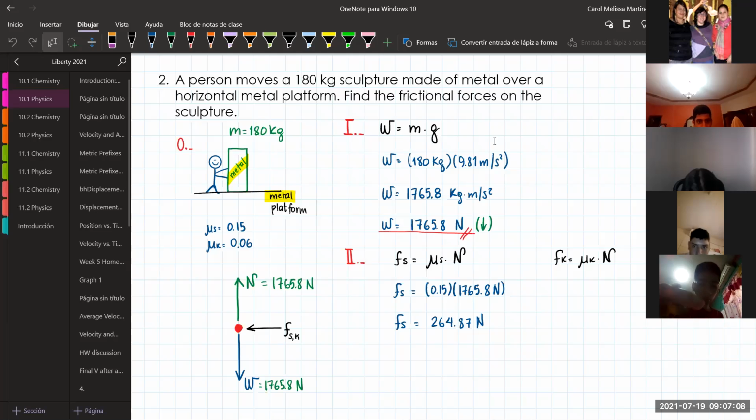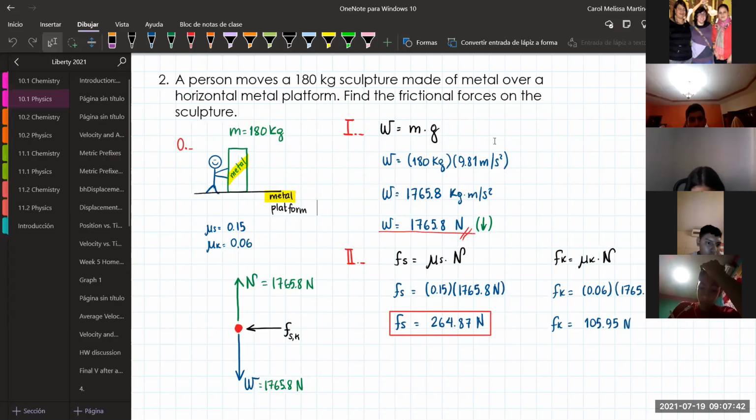And in the other one? 105.95. Okay, the two answers are given in Newton and that will be correct.